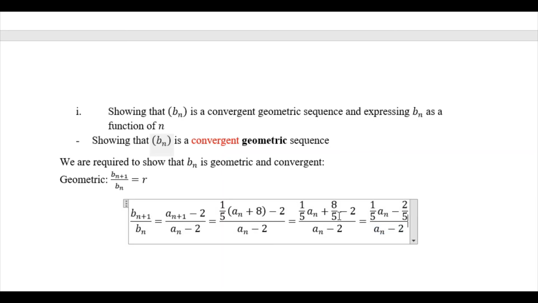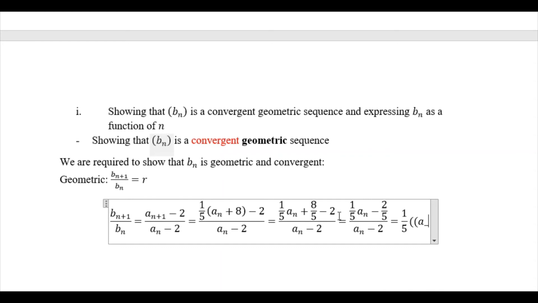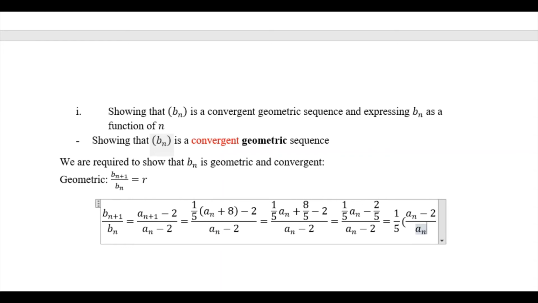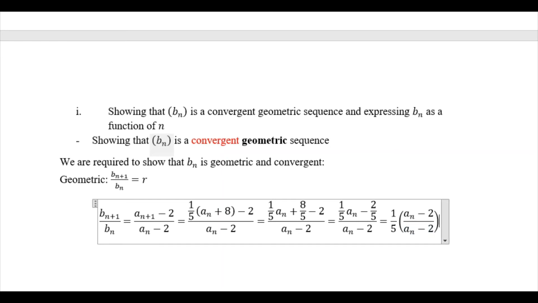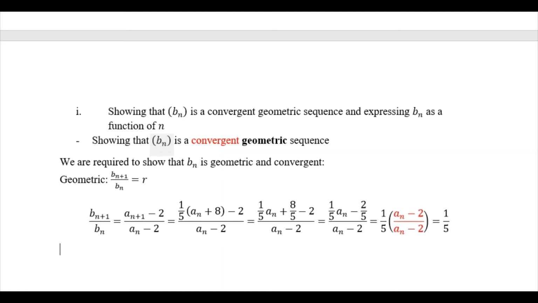We can factor out 1/5 in the numerator, giving 1/5 times (a_n minus 2), and in the denominator you still have a_n minus 2. The a_n minus 2 cancel, so at the end you get 1/5. Hence b_n is geometric, since we have a constant ratio.